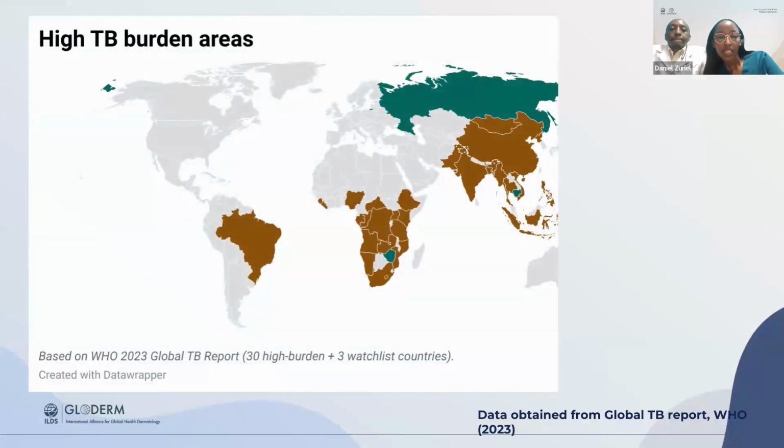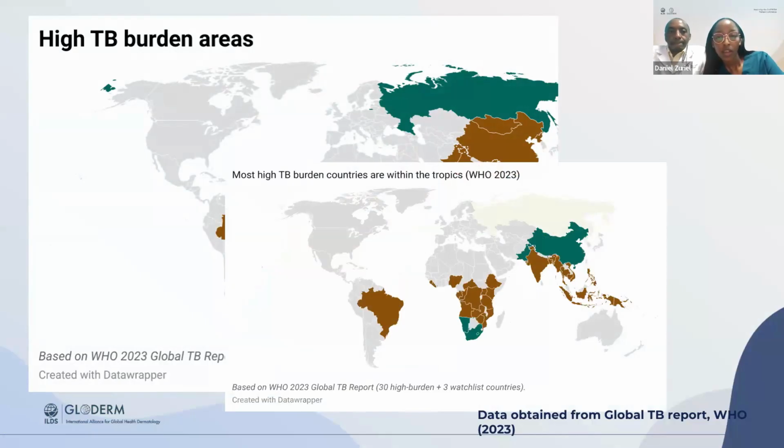So these are the 30 high burden TB countries. Again, you can see that the majority of these countries are in the tropical regions. Most of them are in sub-Saharan Africa, a big chunk of it is in Asia, and we also have some in the Southeast Asia region and in South America.